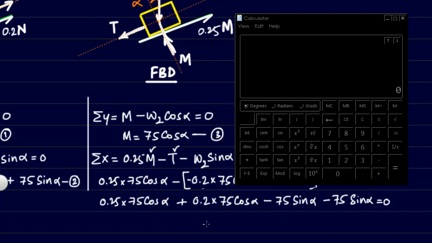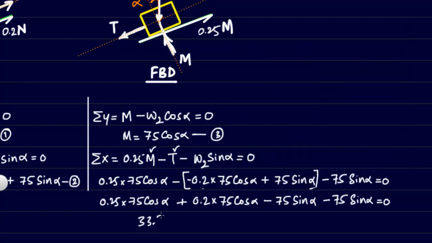Now let's take the cos terms common and find out what we get. So 0.25 times 75 plus 0.2 times 75. This is what is left: 33.75 times cos alpha. This will be left on the left side. And the negative terms along with sine, let us send to the other side. 75 two times gives us 150.